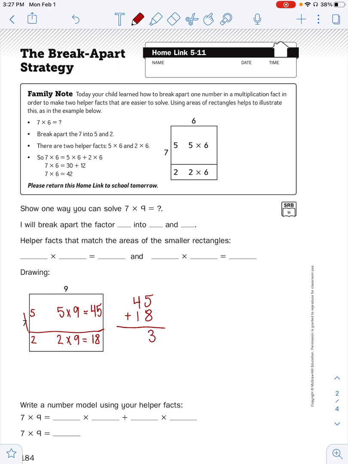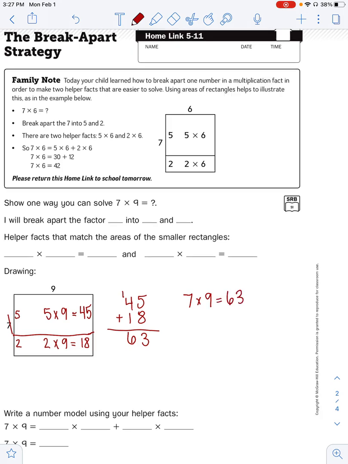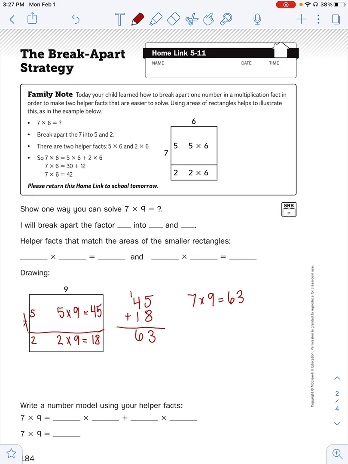Put my 3 down, carry my 1 up. 1 plus 4 plus 1 is, yes, 6. So 7 times 9 equals 63.